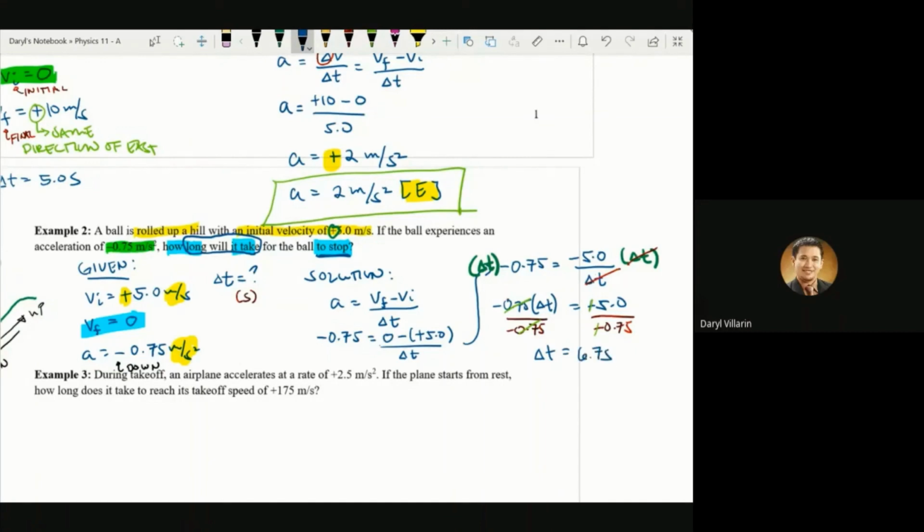So it's another way of checking: if you answered it correctly, your solution is correct. Okay. So if you can see there, the car will stop after 6.7 seconds. Okay. So before moving on to example number 3, are there any questions with example number 2?